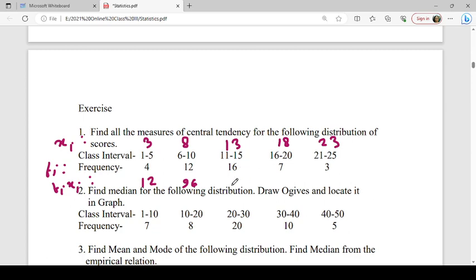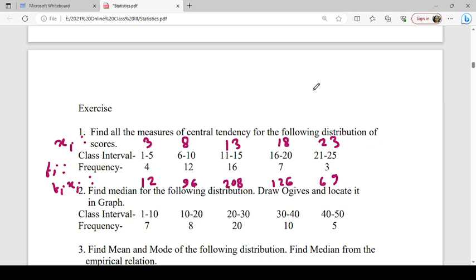Then 16 into 13 is 208. And 7 into 18 is 126. And 3 into 23 is 69.